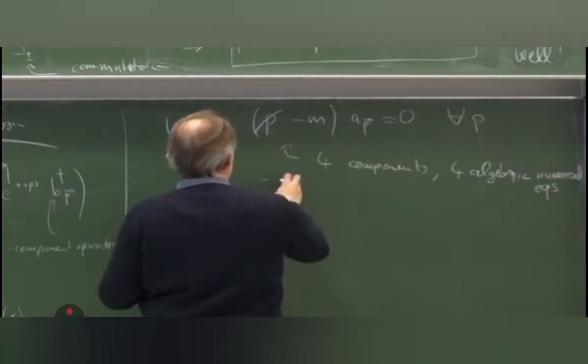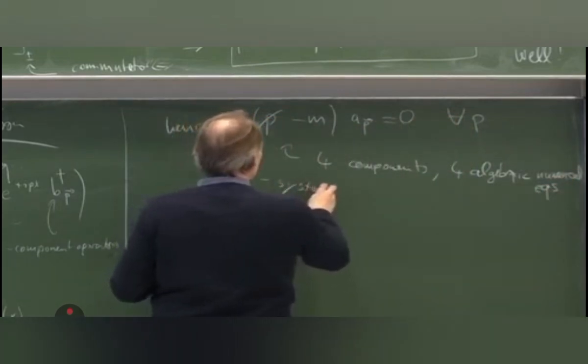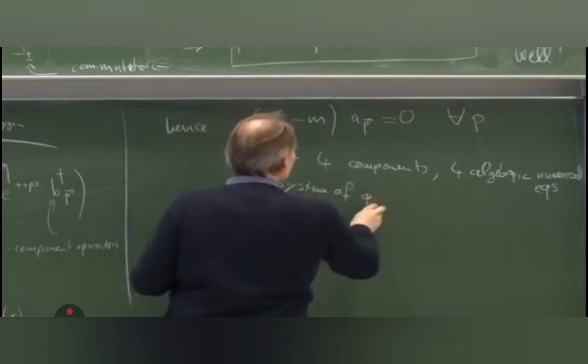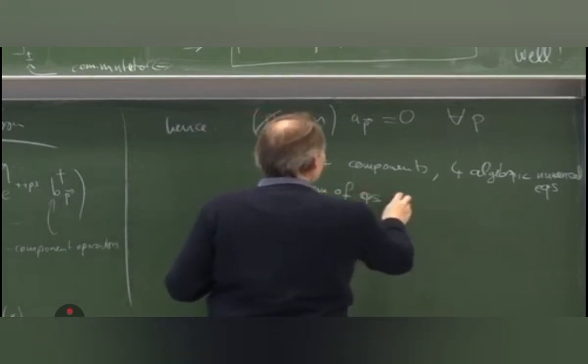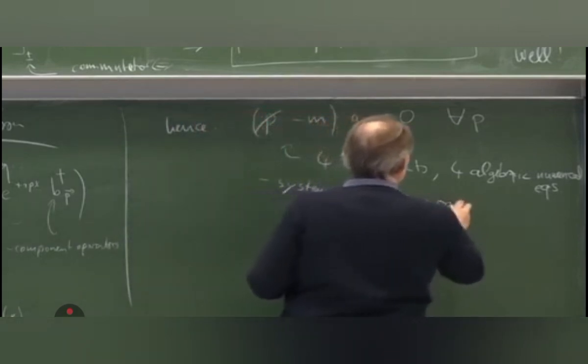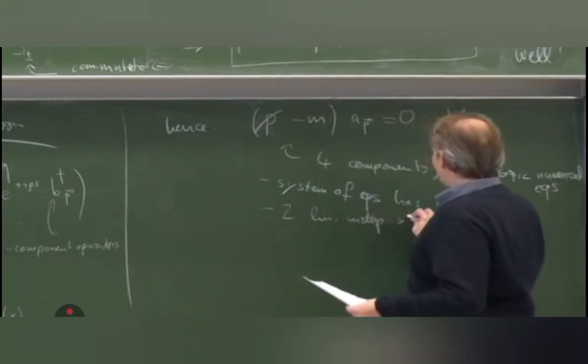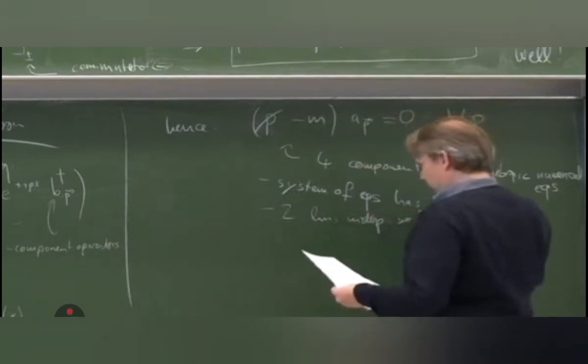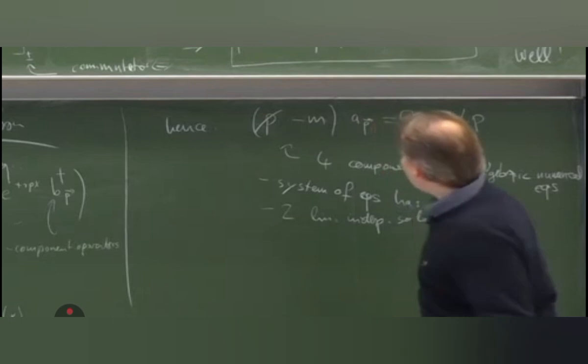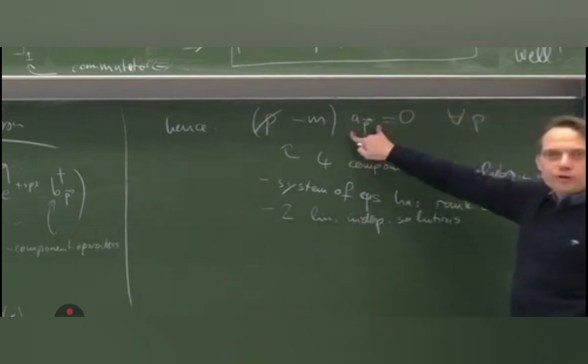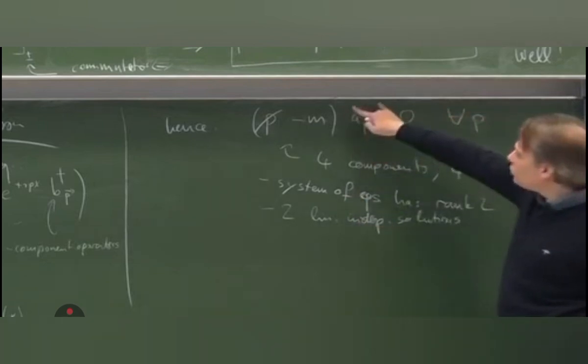The system of equations has rank 2. So we have two linearly independent solutions. And we already know on the numerical level what the two spinors are which satisfy this equation.